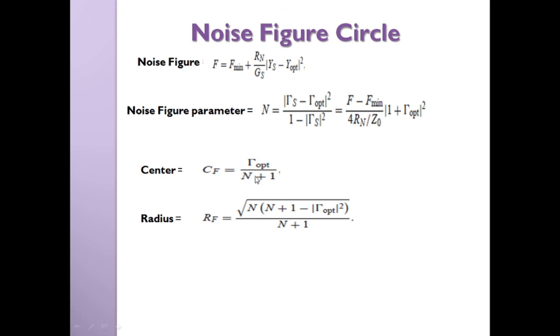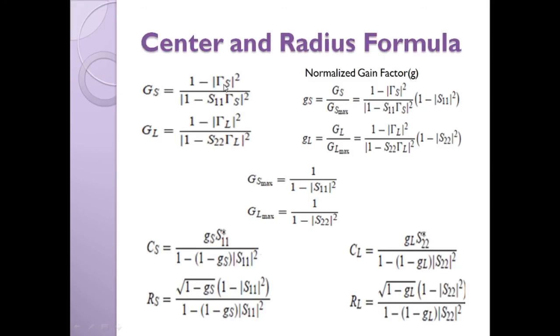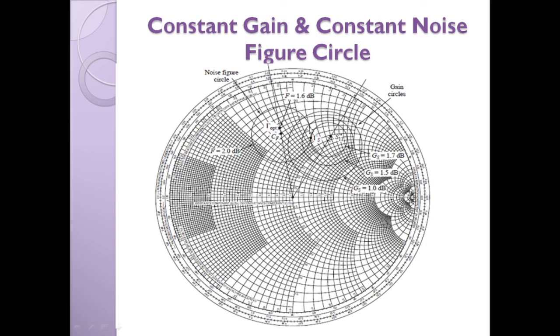Once I find the center and radius, I can plot the noise figure circle like this. CF represents the center point and F minimum represents the minimum noise figure, which I represented as 1.6 decibel, but I am plotting the noise figure circle for noise figure 2 decibel. That's the design. Then how do we make a trade-off between noise and gain?